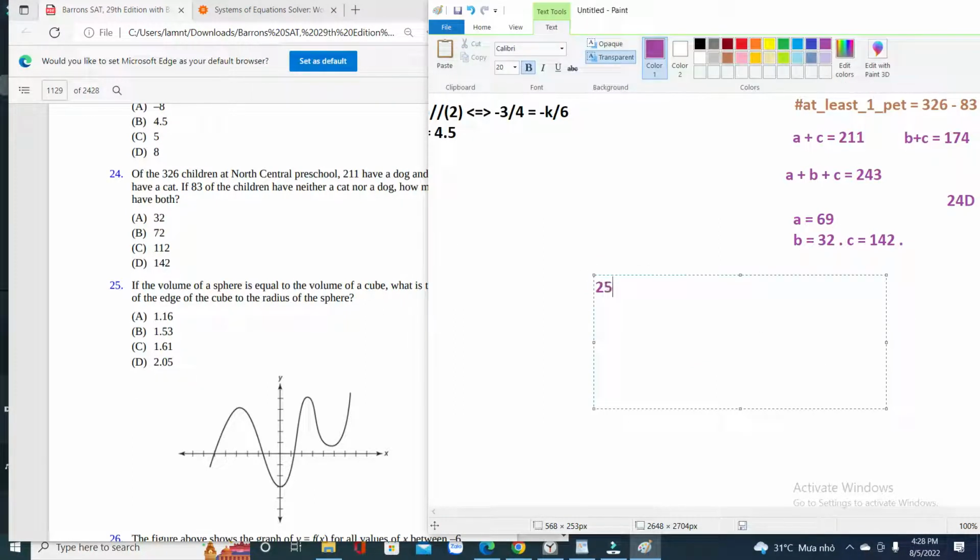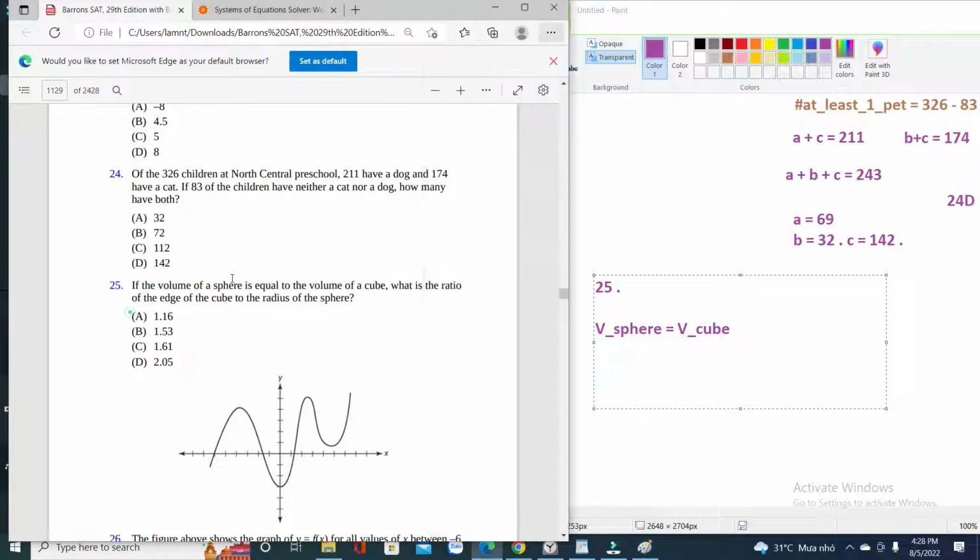We have the volume of the sphere equal to the volume of the cube. What is the volume of the sphere?